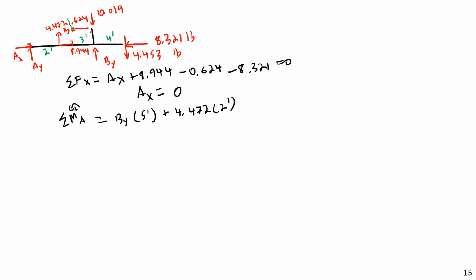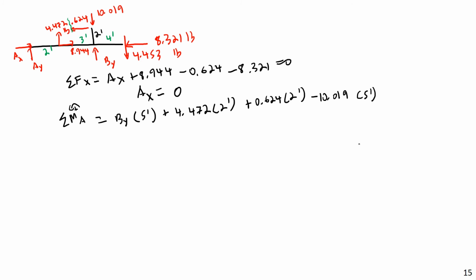Then I'm going to have a positive moment with a moment arm length of, and this dimension here, the vertical, was 2 feet. So I need to worry about the moment of the 0.624, also positive. 0.624 times moment arm length of 2 feet. And then minus 10.019 times a moment arm length of 5 feet.